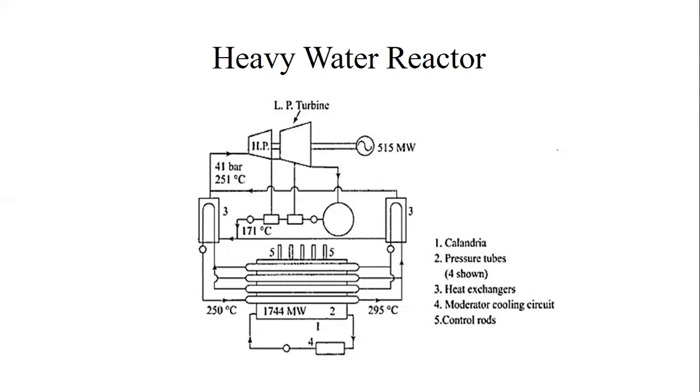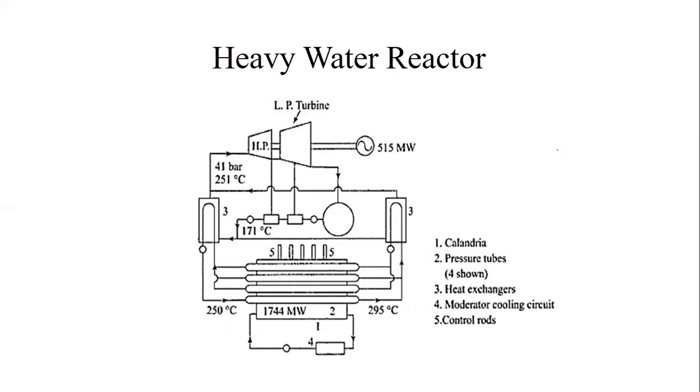The fuel assembly contains 37 fuel rods as shown in the schematic. Each rod contains natural uranium dioxide UO2 fuel pellets with Zircaloy cladding. Each rod bundle is about 0.1 meter in diameter and 0.5 meter long.